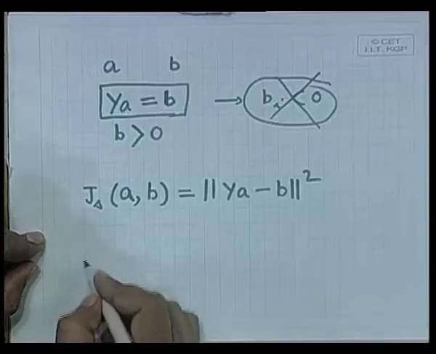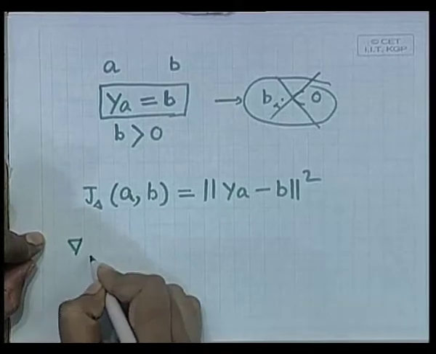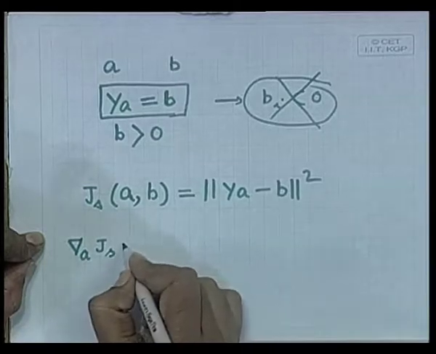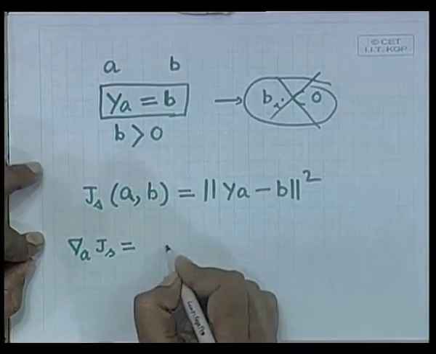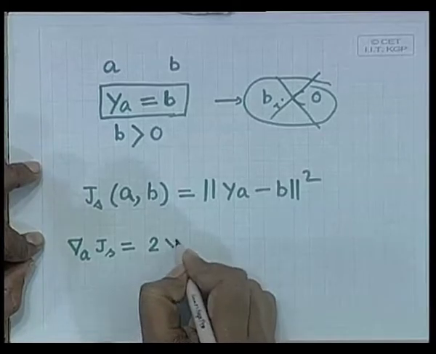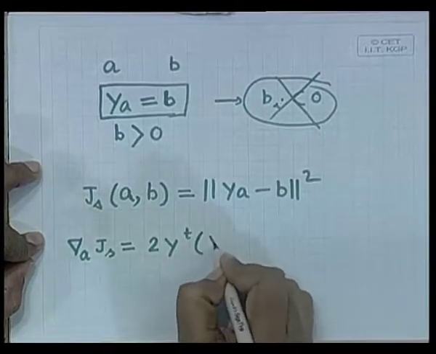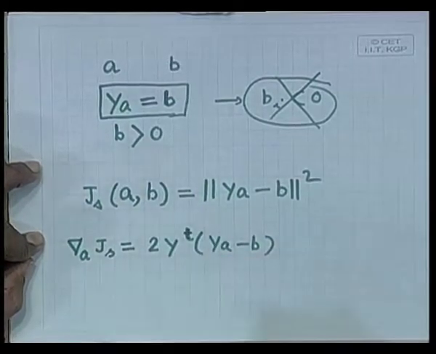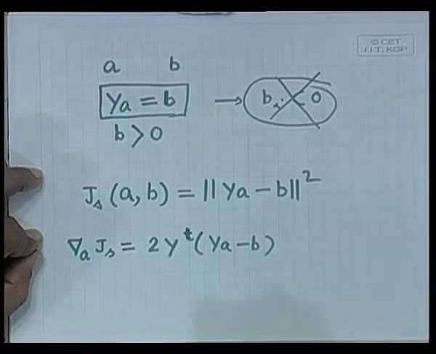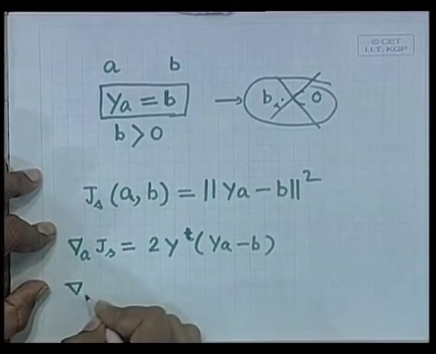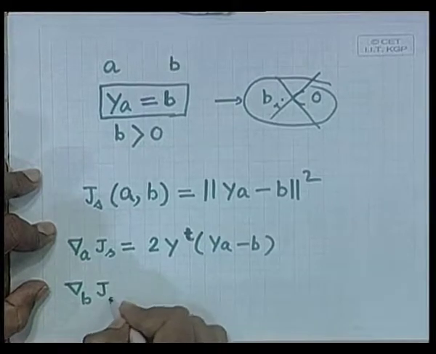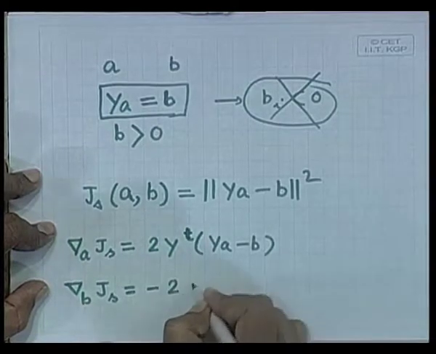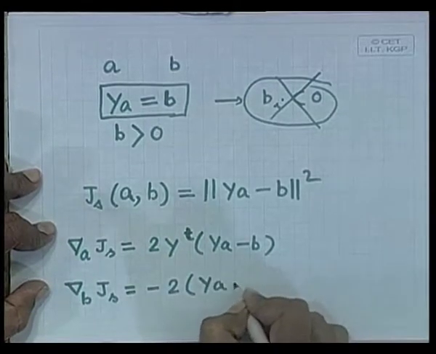The gradient with respect to A is what we have seen earlier: 2 Y transpose into (YA minus B). And the gradient with respect to B is minus 2 (YA minus B).